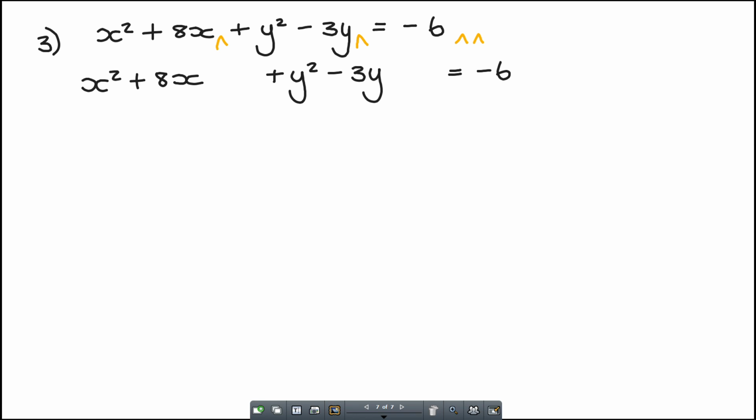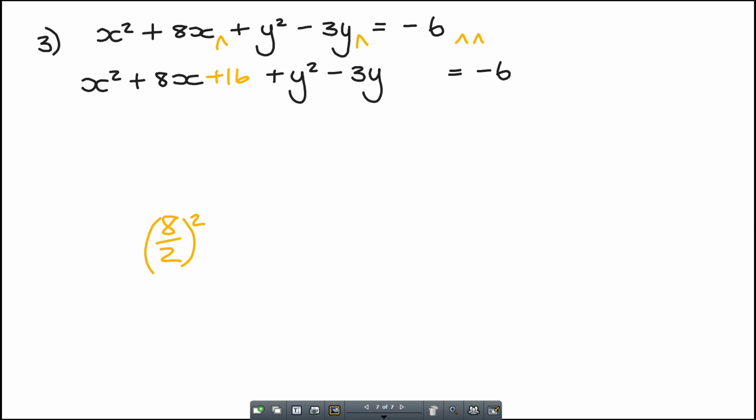X plus 4. Oh, you're already 30 minutes in. Come, I'll quickly do it. Okay. So to get this one, I'm going to take the 8 divided by 2, which gives me 4. And then if I square it, it gives me 16.